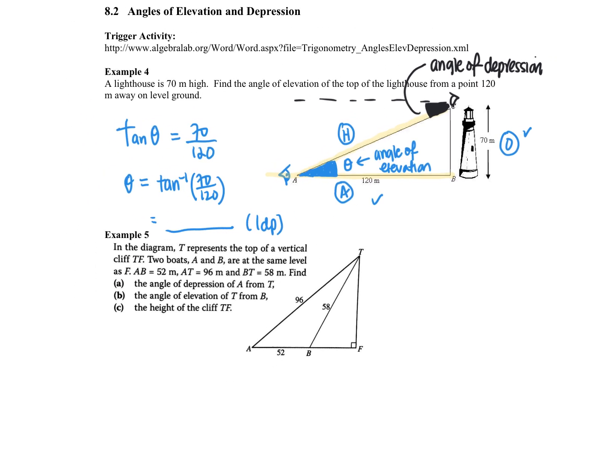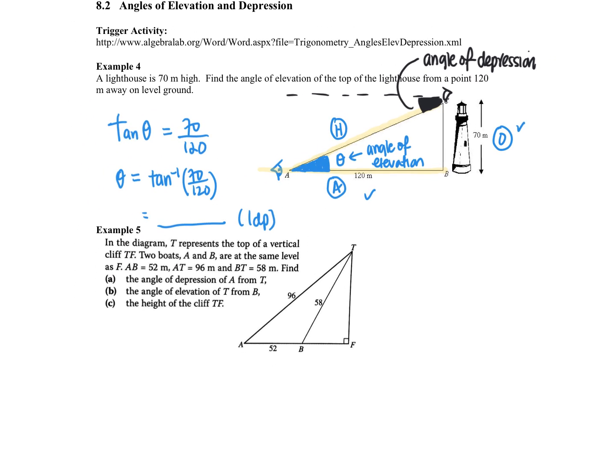Looking at this, T represents the top of a vertical cliff. We don't need to draw the whole cliff. So two boats, one at A, one at B, at the same level as the bottom of the cliff. So they are telling you it's a horizontal line basically. And then they say find the angle of depression of A from T. That means you are looking here.